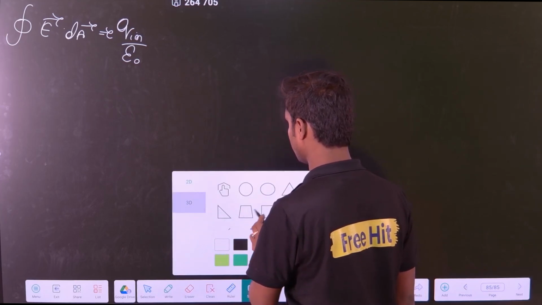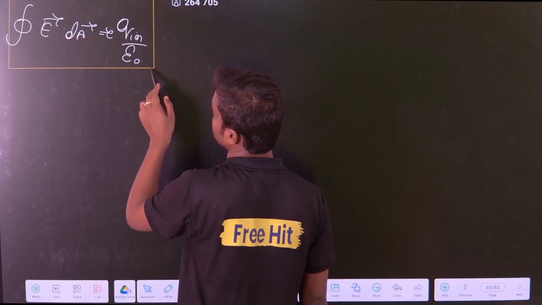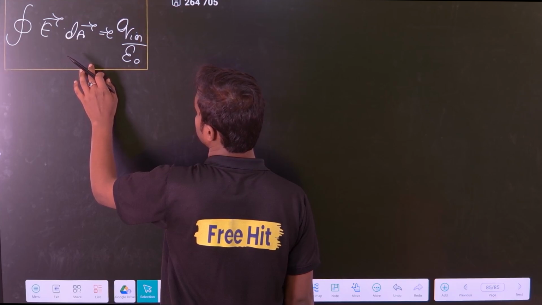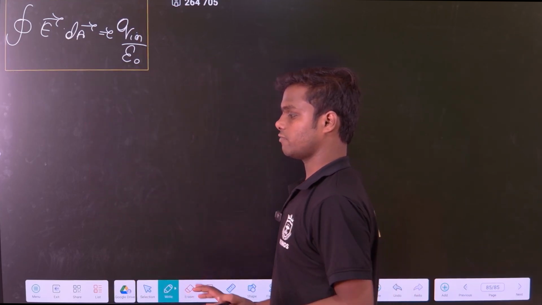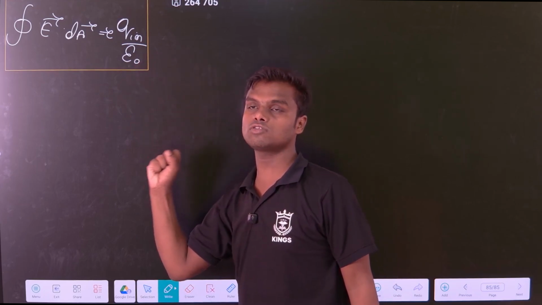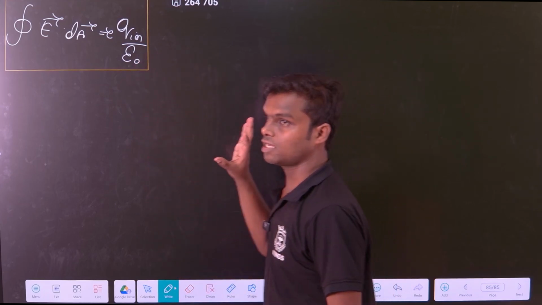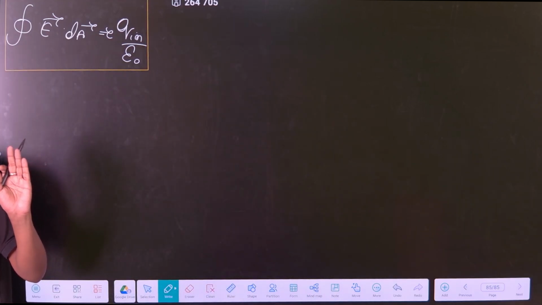If any closed surface is there, the total flux through this closed surface is always equal to q enclosed by epsilon naught. Remember that this is only for the closed surface, not for the open surface. That is a totally correct statement.